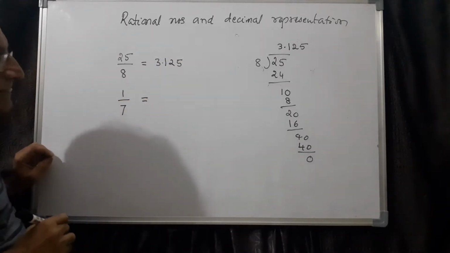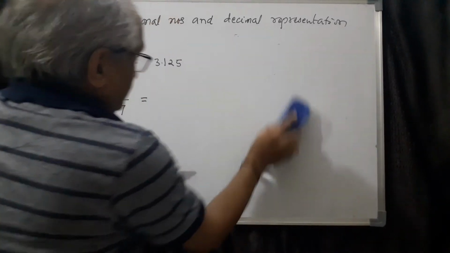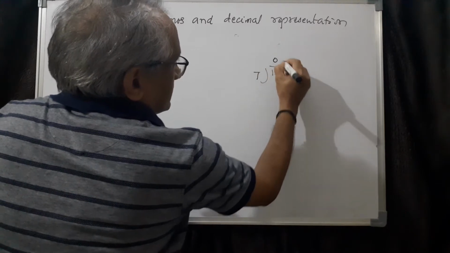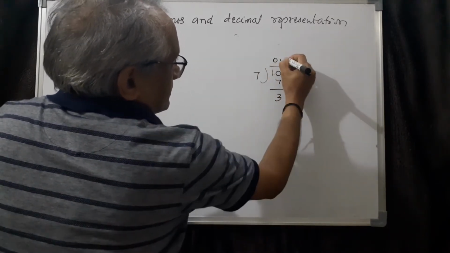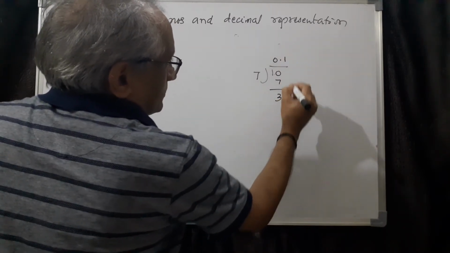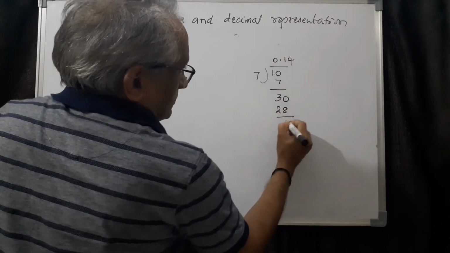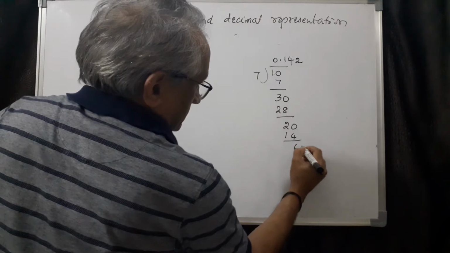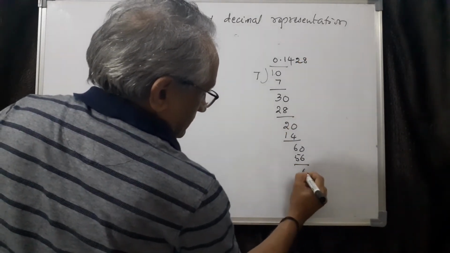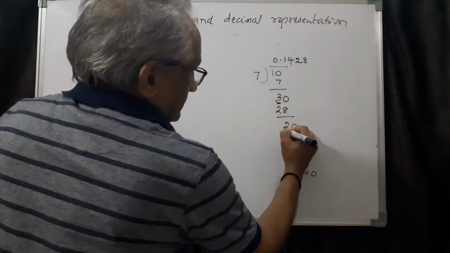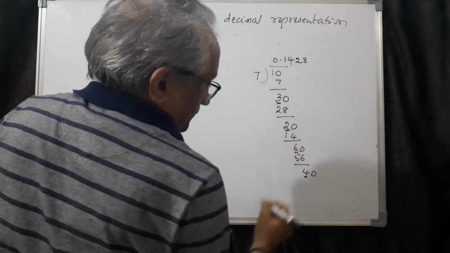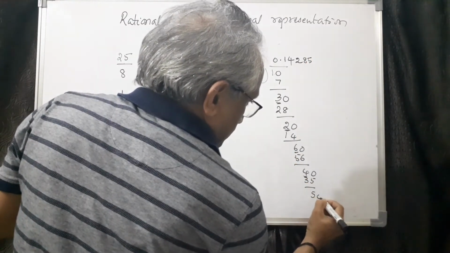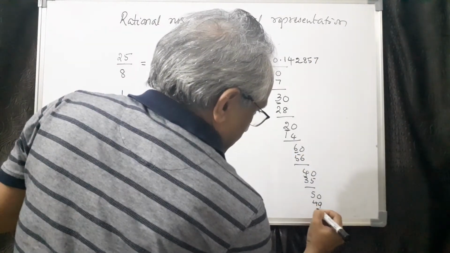And if you take this one, 1 divided by 7, you can check here 0.1, then 3, then 0, 4, then 2, 0 once again, 6, 4, then 35, so 5, 0, 7, 49, 1.